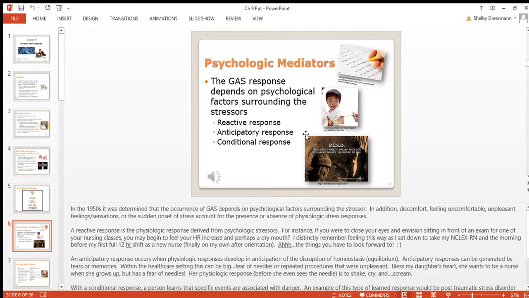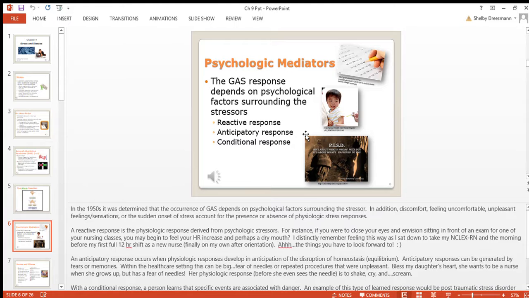Every time he heard it, it would make him cry, and that would be a sign of PTSD. He relates the national anthem back to when he was in the military and some traumatic things happened. So that's an example of PTSD.